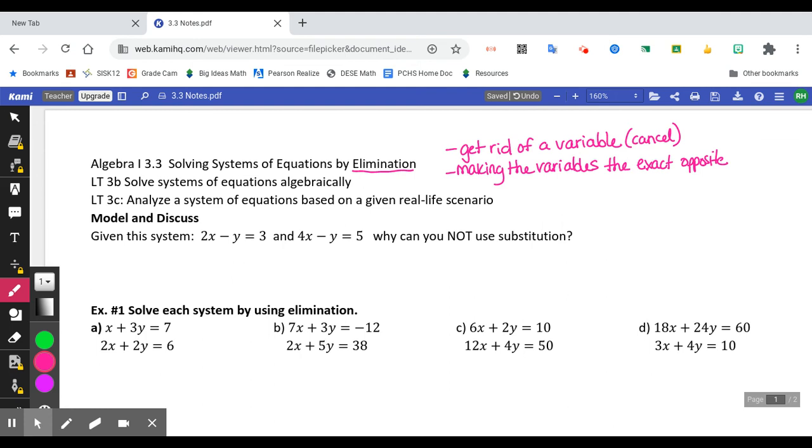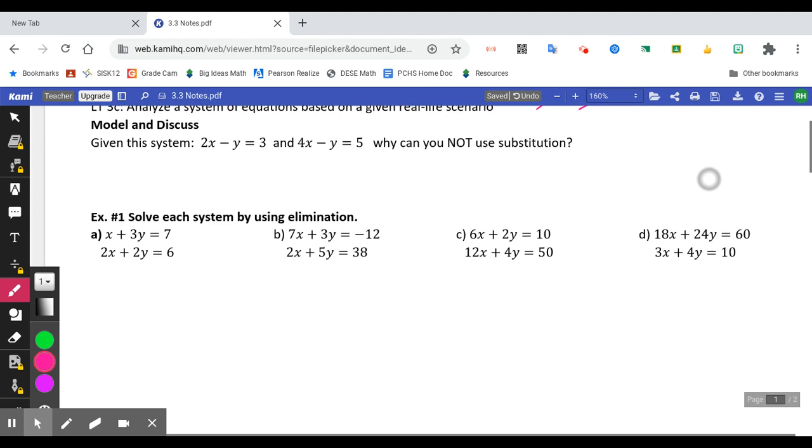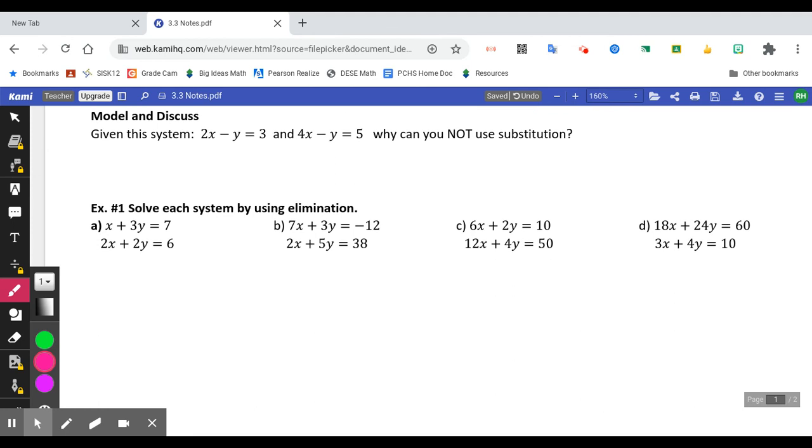So if we had 3x, we would want the other equation to have negative 3x, so that those would cancel out and we'd be left with just a y. That's called elimination, eliminating a variable, getting rid of it.